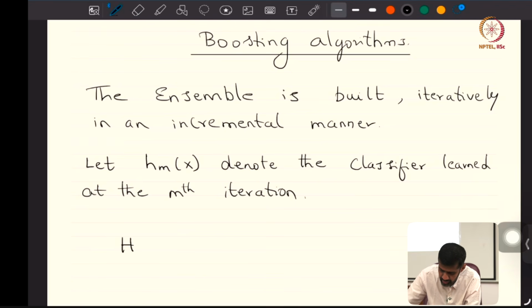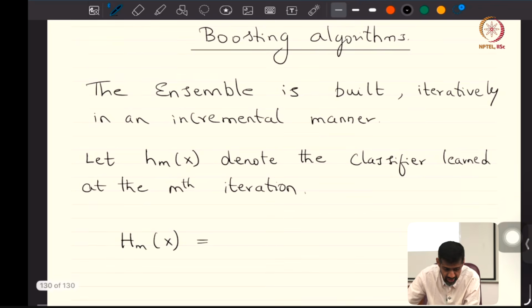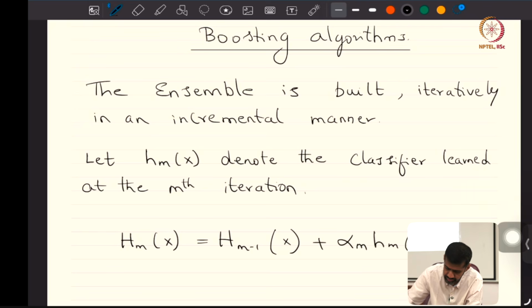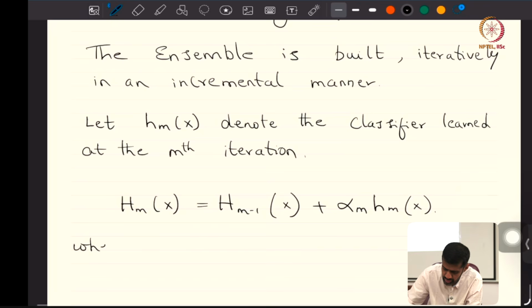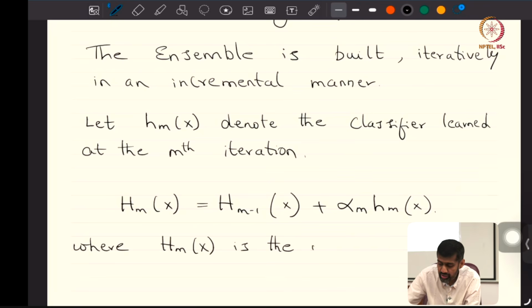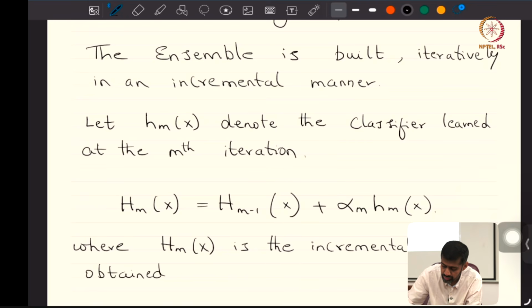A capital H_m(x) is the next iterate ensemble that I am getting as H_{m-1}(x) plus alpha_m times h_m(x), where capital H_m(x) is the incremental ensemble obtained at the mth iteration.